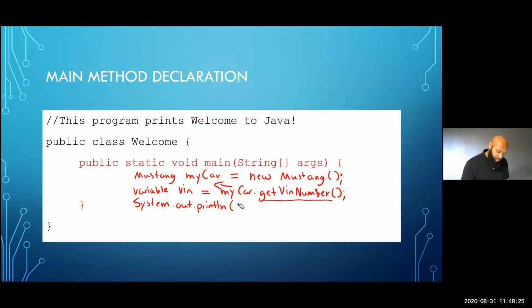I want to print out this variable right here, the VIN. Boom. And so now it would print out whatever that VIN number was. But again, you look here, this is our object creation or instantiation. This is our method usage. And then this is our print statement.